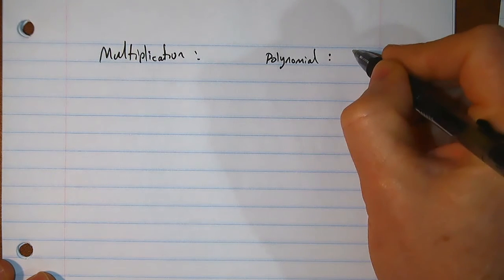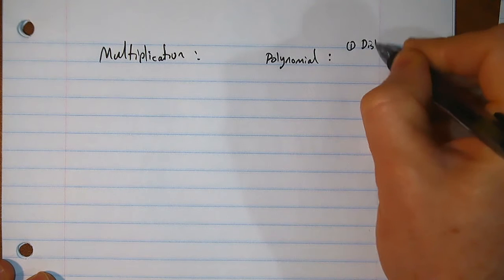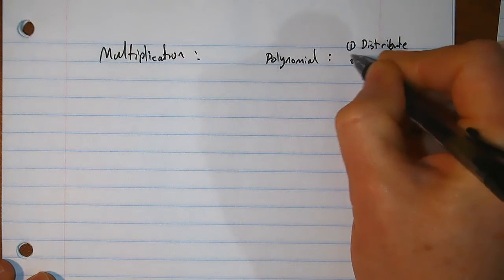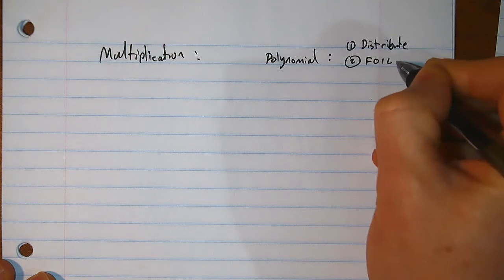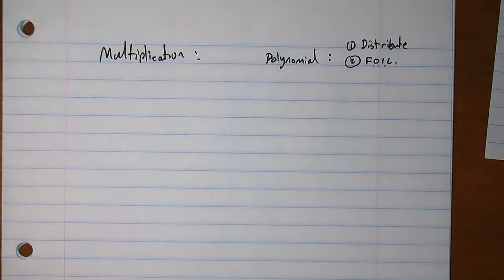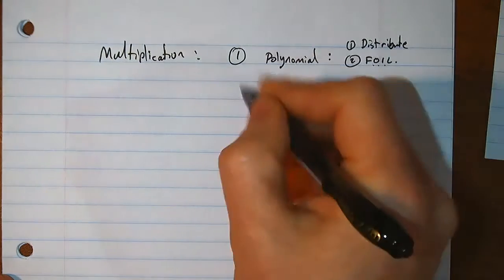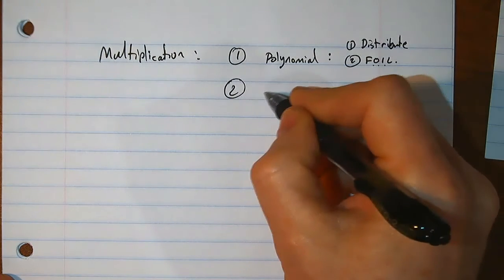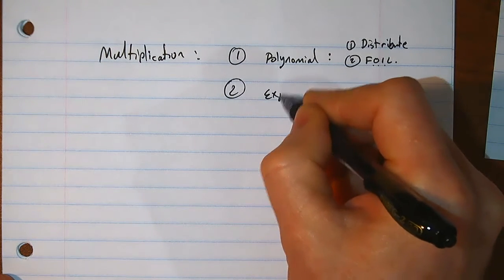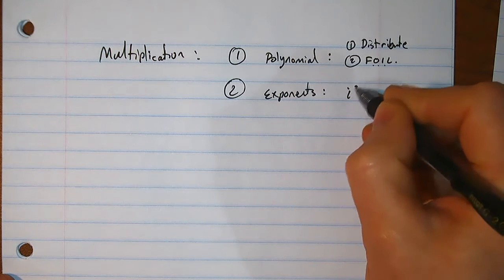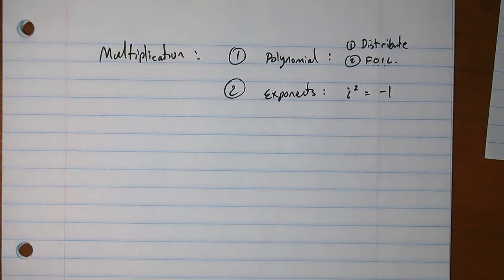And so that means distribute for most of us. For some of us, that means FOIL. And like I said, at the end of this, we'll do an example of FOIL. So that's where we start. That's the first process that we do. Then we deal with exponents and combining like terms. Okay, so i squareds. All right, so that's our basic idea. That's our basic process for all of these.